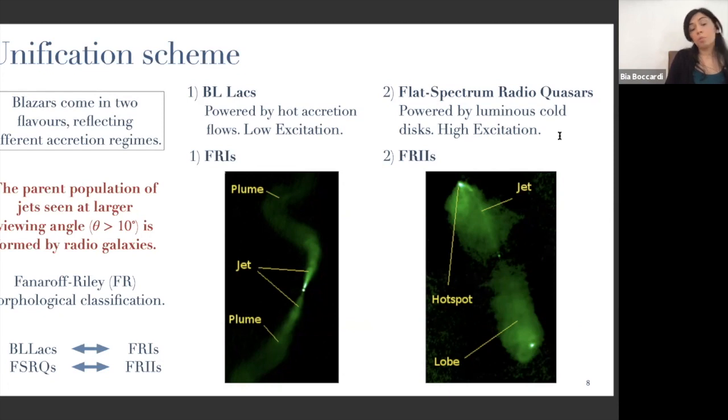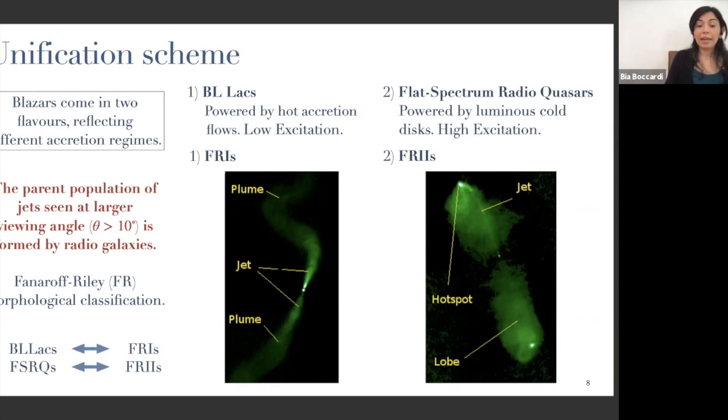Now, there is a parent population of blazars that instead is formed by the jets which are pointing at a larger angle with respect to the line of sight, and these are the radio galaxies. The radio galaxies are classified historically based on their morphology as Fanaroff-Riley 1 and Fanaroff-Riley 2.